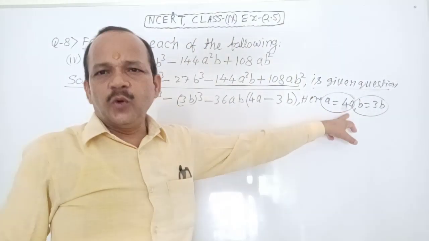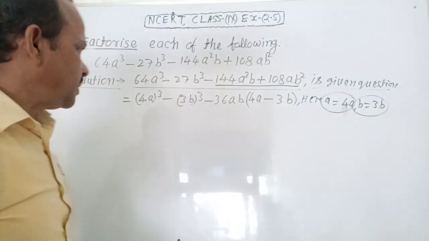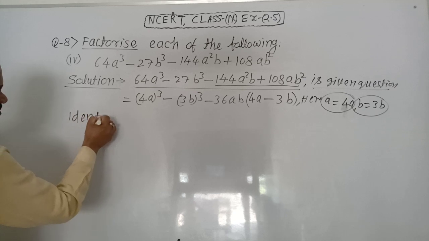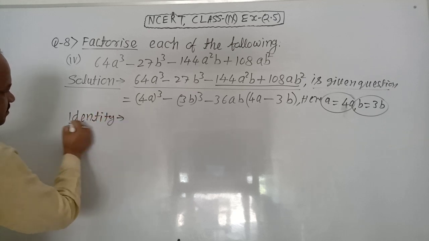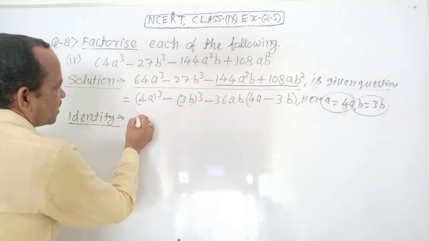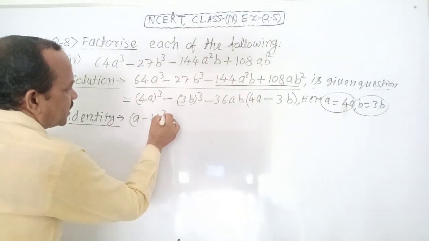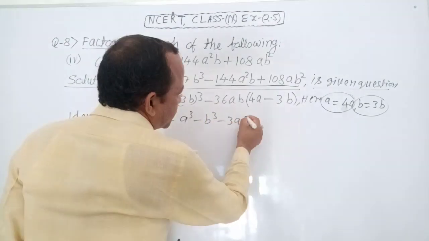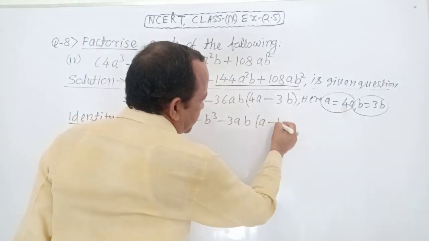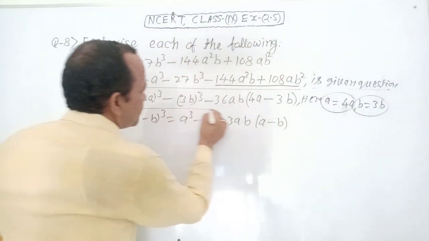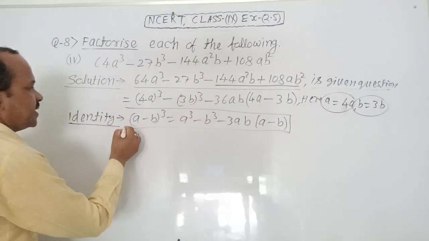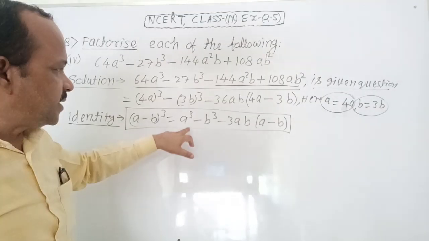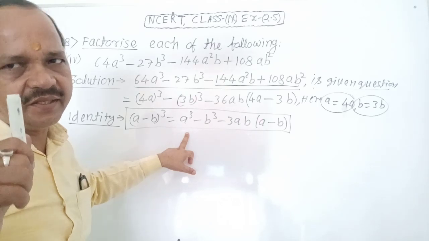The identity: (a minus b) whole cube equal to a cube minus b cube minus 3ab in brackets (a minus b) brackets closed. It is a suitable identity for this question. The identity is clear, no confusion about it. Very good.